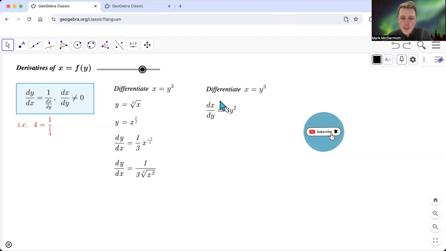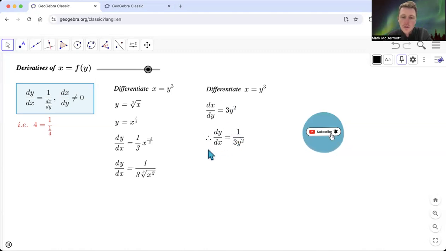So we get dx/dy on the left-hand side, and on the right-hand side, we differentiate with respect to y: bring the 3 down, reduce the power by 1, so we get 3y squared. Now we've got dx/dy, so we can say that dy/dx is 1 over dx/dy, which would be 1 over 3y squared.